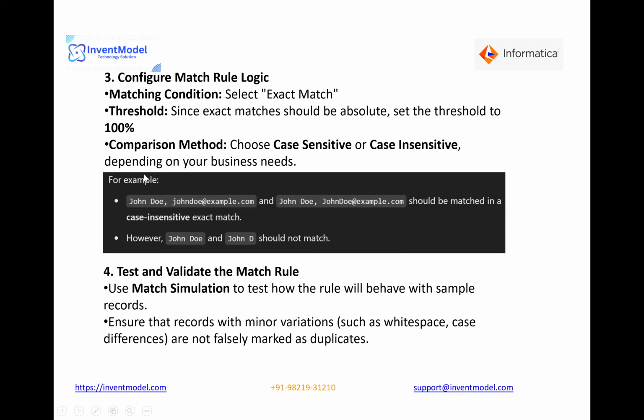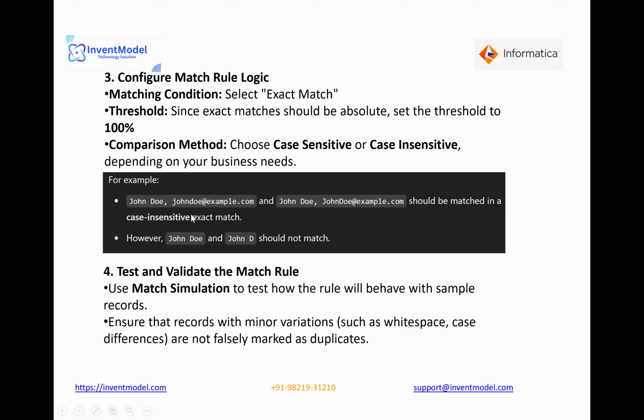So the example that it gives is for the comparison method, case sensitive or case insensitive. We have given an example over here, that is the name John Doe and john.doe@example.com. So this is one record, and the other record is JOHN DOE, with J in capital and D in capital, at example.com.